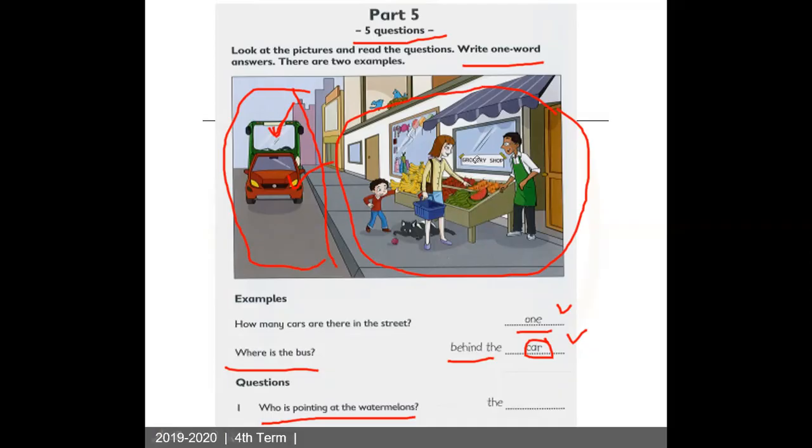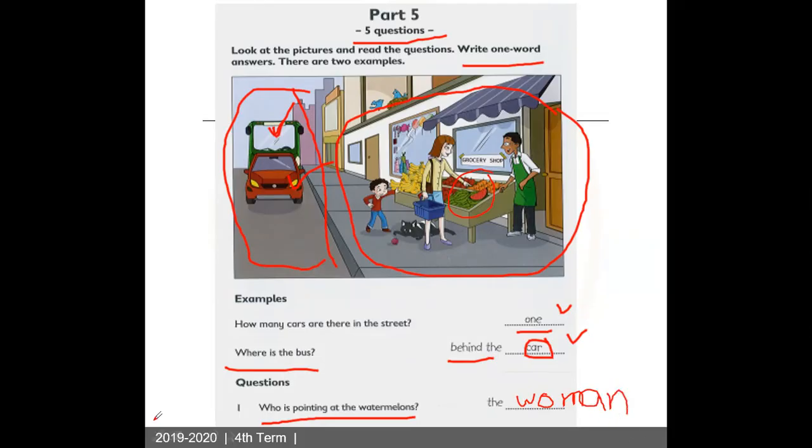Is it the boy or is it the woman? Maybe the mom. Who do you think? Yes, you're correct. It's actually the mom. She's pointing. So you can say the mom or the woman. Maybe we can just write woman because we're not really sure if she's a mom, right? But I think so. But it's better to just say woman.